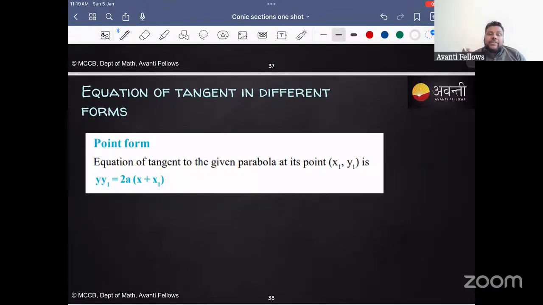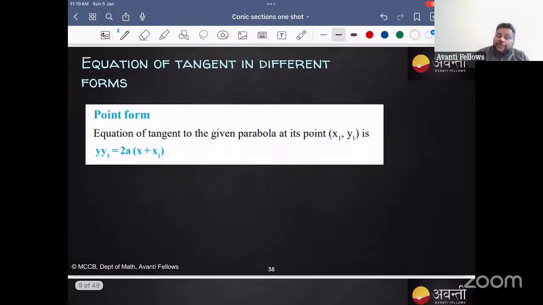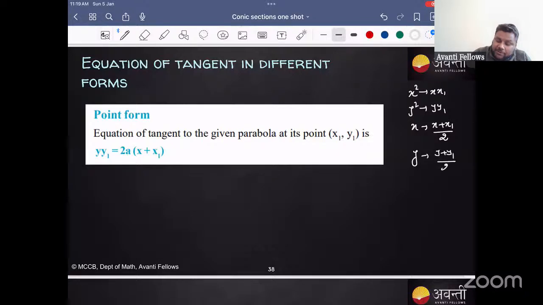Now equation of tangent in point form. How do we get the tangent in point form? We replace x square by xx1, y square by yy1, x by (x plus x1) upon 2, y by (y plus y1) upon 2, and the constant we leave as it is.